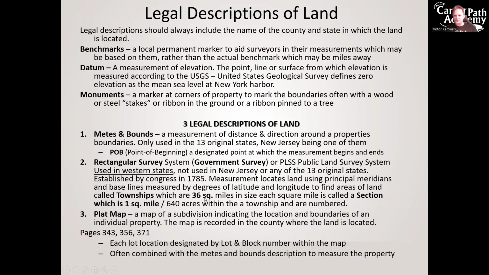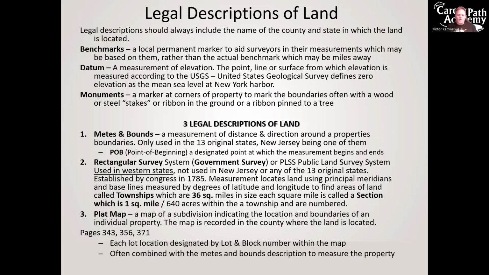Different than Edison Township, or speaking of Woodbridge Township. Those are forms of government which are used to manage the municipalities. When talking about legal descriptions, a township has an entirely different meaning. It is simply a unit of measure, which is 36 square miles.